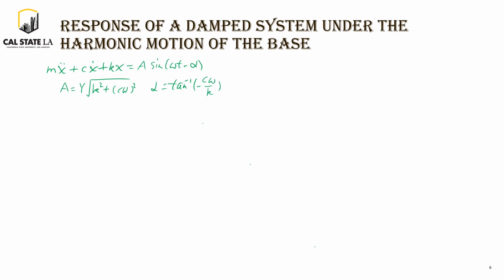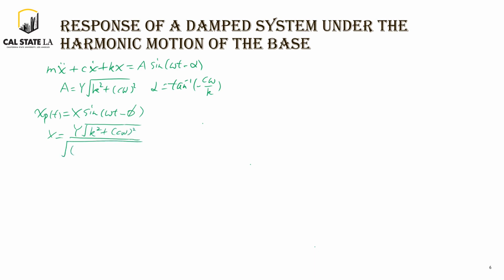And also the steady-state solution x_p is equal to capital X times sine omega t minus phi 1 minus alpha. And here X is given as Y times square root of k squared plus c omega squared divided by this long term, right?